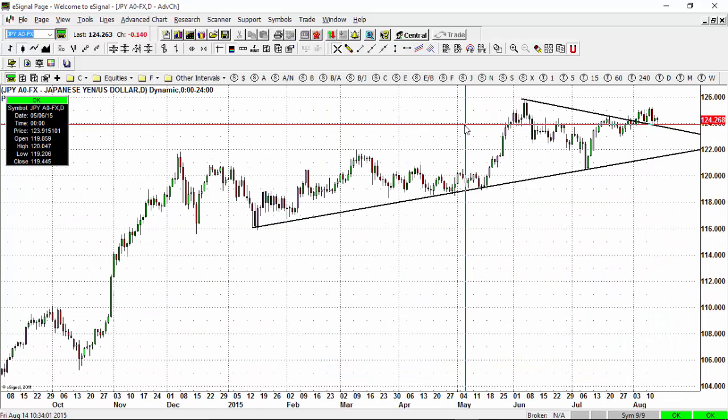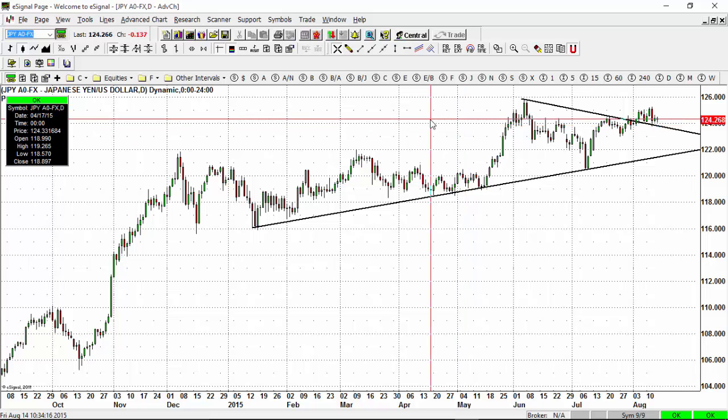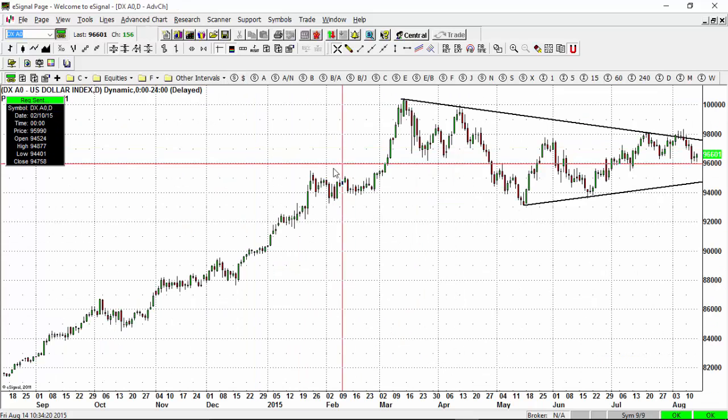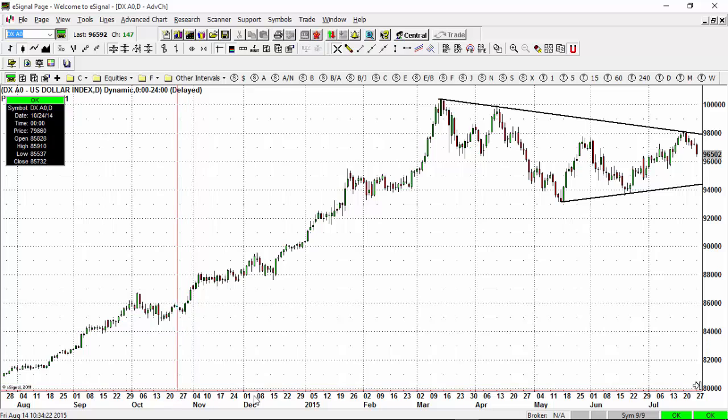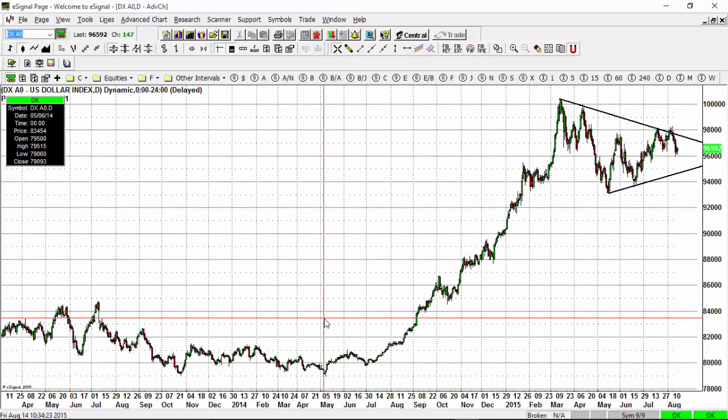Okay, but overall, what has been happening? Let's just summarize what has been happening in August. We are in a time of consolidation, and consolidation essentially means that the market is going nowhere. The market can be in a trending environment, and as trend traders, this is what we are looking for.